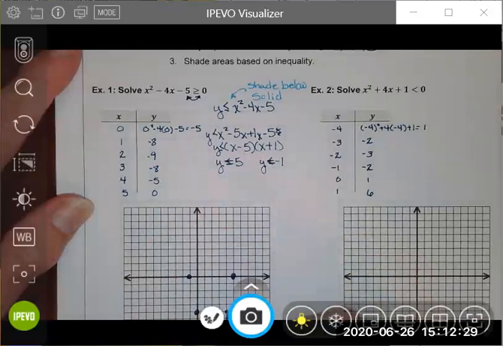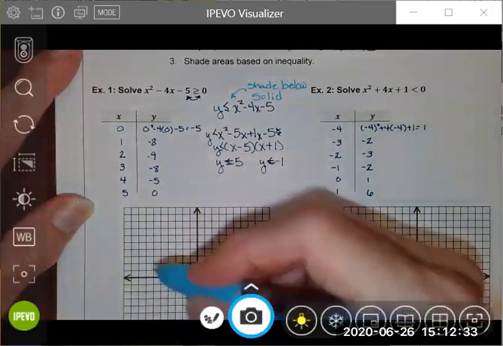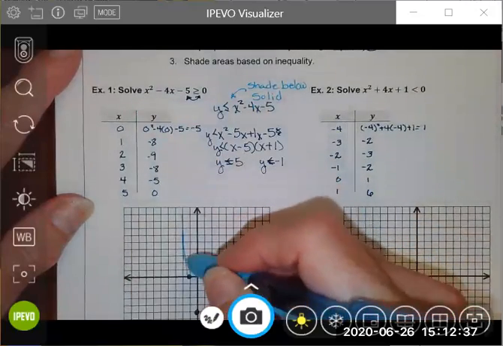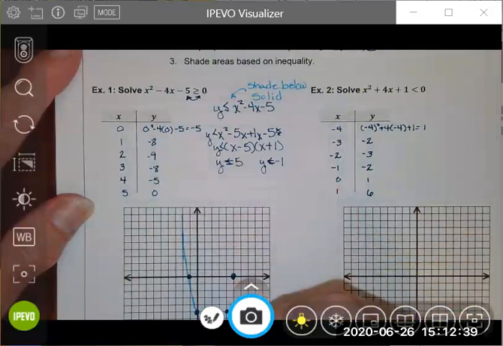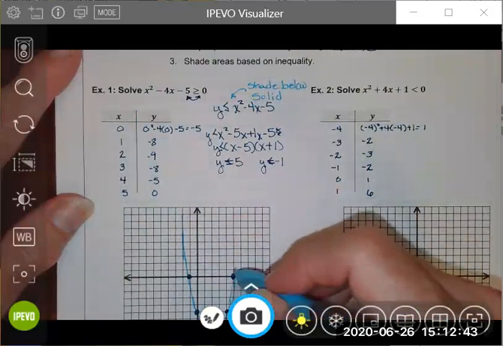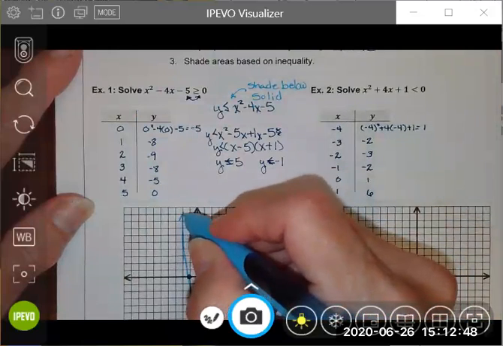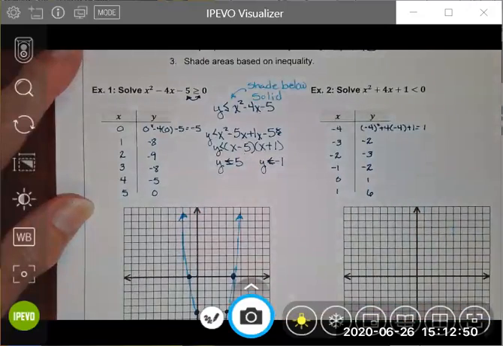And as expected, it's a parabola, so it makes that bowl shape. It opens up because my a value is positive. I'm going to sketch this skinny little parabola here. Notice I'm using a solid line. Put my arrows on it so I know it goes on forever. All right, so that's my parabola.